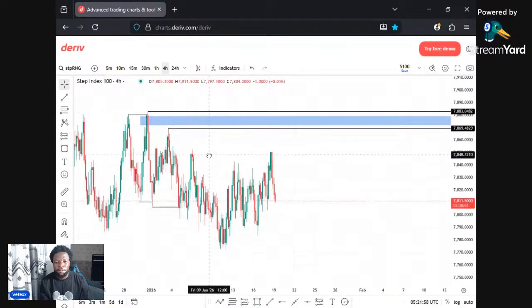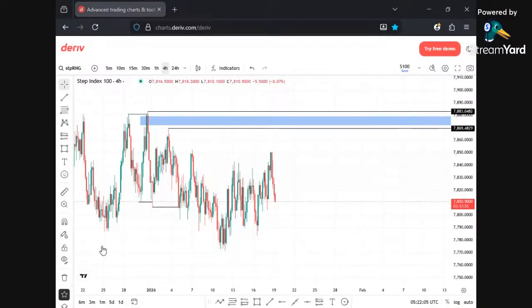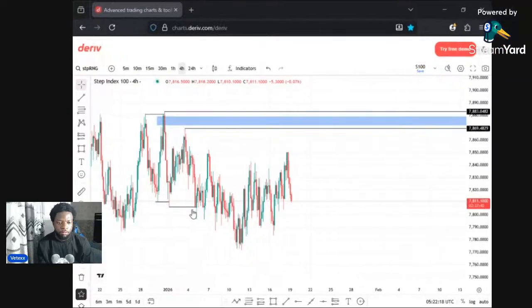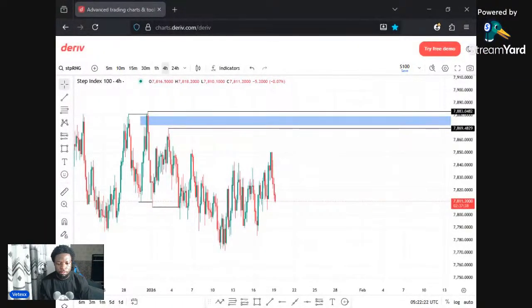So we are expecting this price to come to this zone on this 4-hour zone.